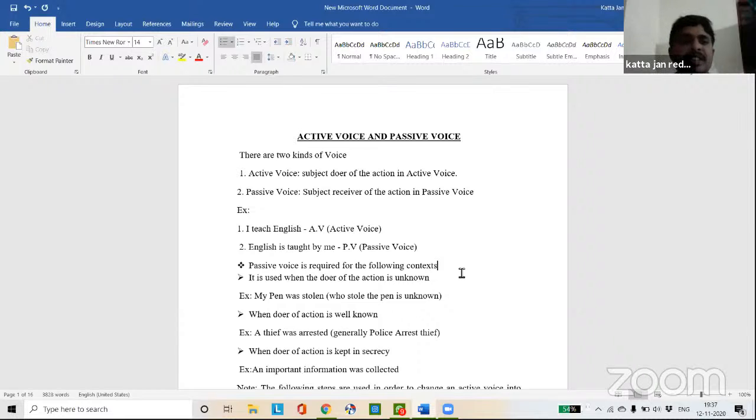What are the situations that we can only use passive voice? And how an active voice is turned into passive voice, right? And how a passive voice turned into active voice. What actually voice is, and what actually active voice, and what is passive voice. Let us have a detailed discussion on this topic today.